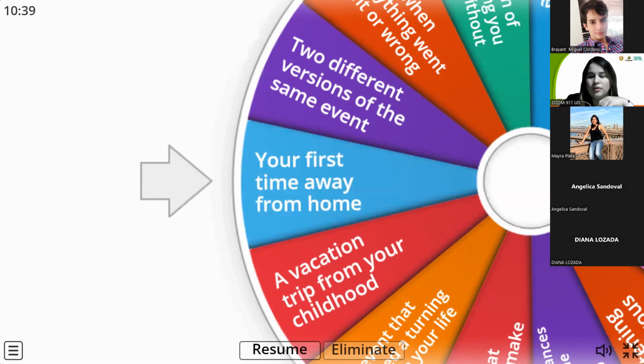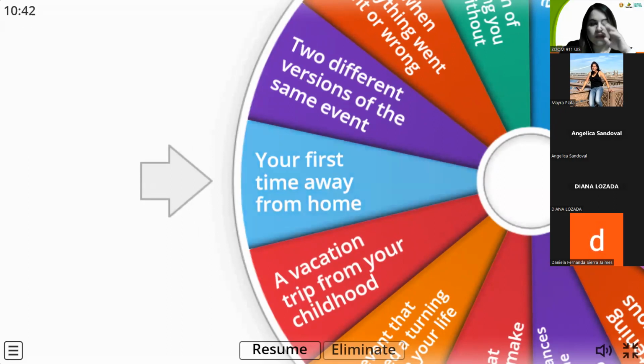Yes, teacher. The first time was when I started university because my family lives in Cucuta. So I had to move to Bucaramanga, and I never went out of my home before. The first semester was difficult.